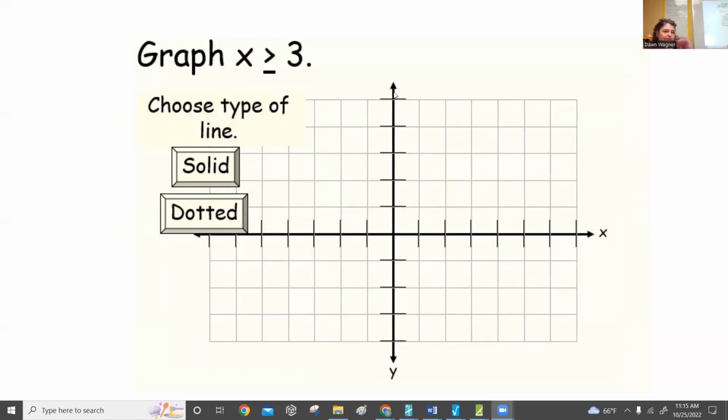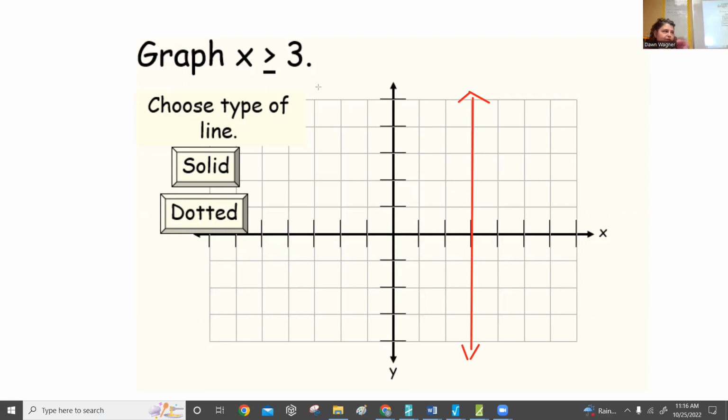So, is this going to be a solid or dashed line? It's going to be a solid line because you have x is greater than or equal to 3. You go over 3 on the x-axis. 1, 2, 3. You are going to make a solid line. Now, it says greater than. So because it's greater than, which side do the x values get bigger?